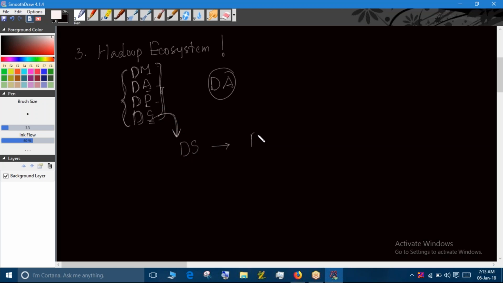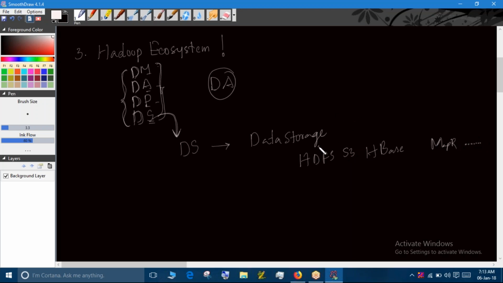So as part of data storage, what I have shown you before, I think you noticed we have HDFS, we have HBase, we have MapR, and then we have S3, and these kinds of techniques. We have more.